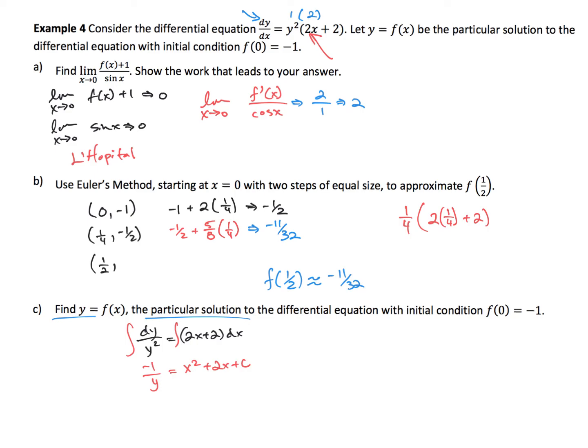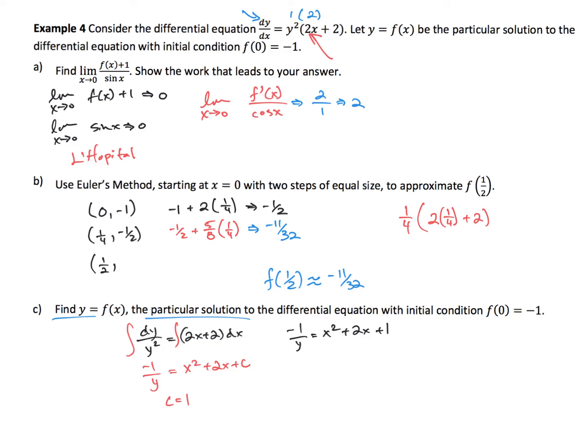All right, what do we solve for? Freaking c. So what does c equal? C equals 1. That was convenient. All right, so now I back substitute. So now I end up having -1 over y is equal to x squared plus 2x plus 1.